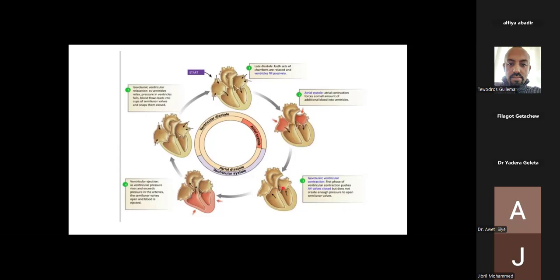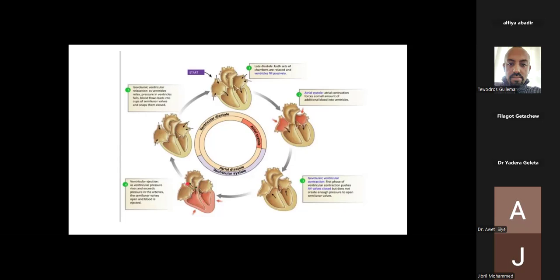As you see, the semilunar valve is opened, and the ventricle continues contracting and ejecting blood. The pressure in the ventricle is higher than the great arteries in this condition. What will happen in the aorta and the pulmonary artery during ejection?